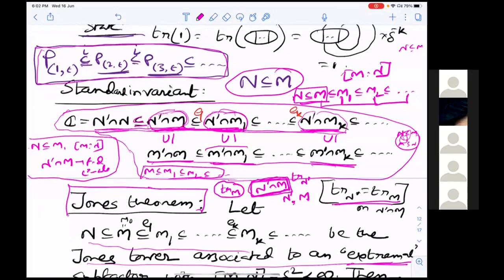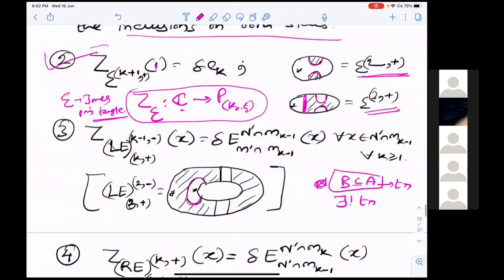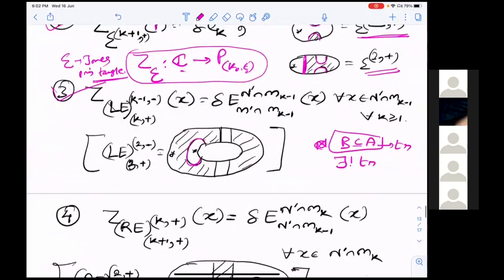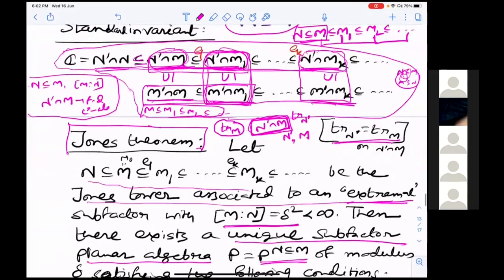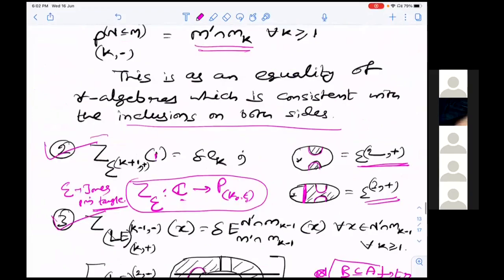Similarly, from the vertical inclusion also, we have a trace preserving one, because these are all finite dimensional algebras. There are traces always. They are finite von Neumann algebras in particular. So vertically also we have a conditional expectation in each of these. And also here horizontally we have conditional expectation. And these are related by the left conditional expectation tangle and right conditional expectation tangle. So this is truly an axiomatization of the standard invariant in this sense.